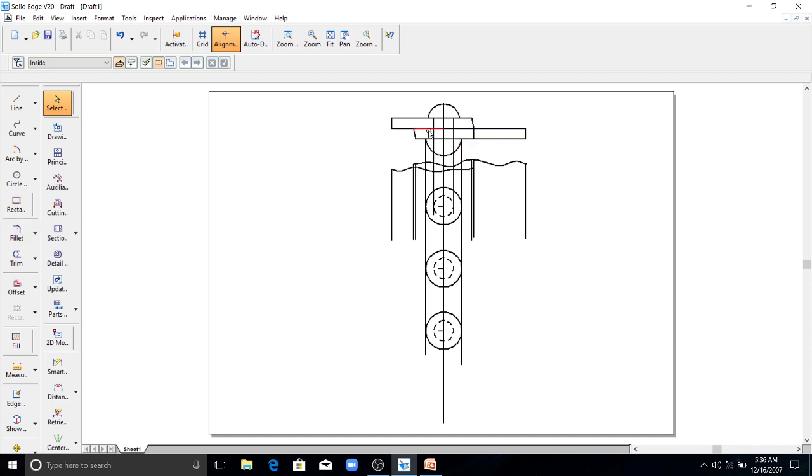Since we are showing the section, so I have to hatch this. These are both different plates, so that's why you have to hatch in a different angle.